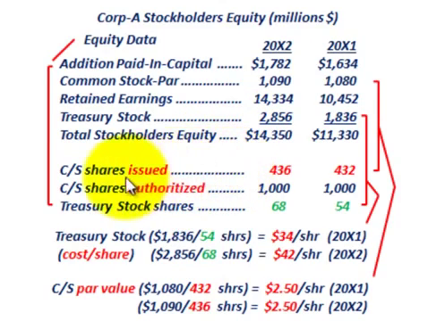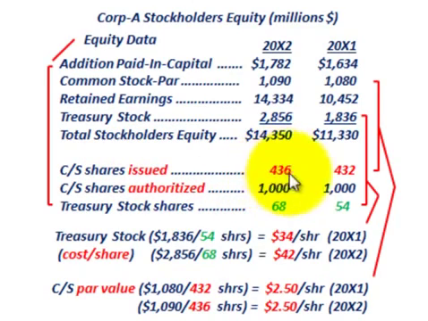Then the other thing we're given here is the common stock shares: the number of shares issued, the number of shares authorized, and then the treasury stock, the number of shares we have in treasury stock. What we want to look at is the cost per share for our treasury stock, and also the par value for our common stock. We want to understand the common stock number of shares issued.